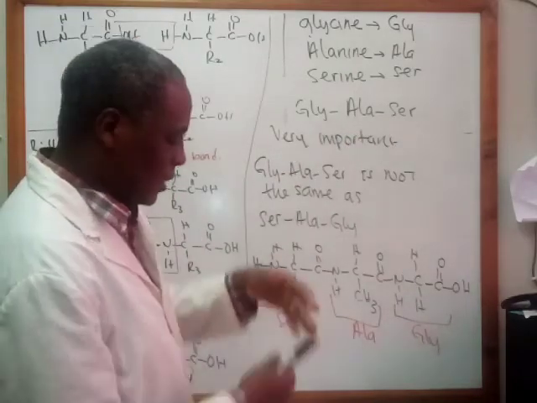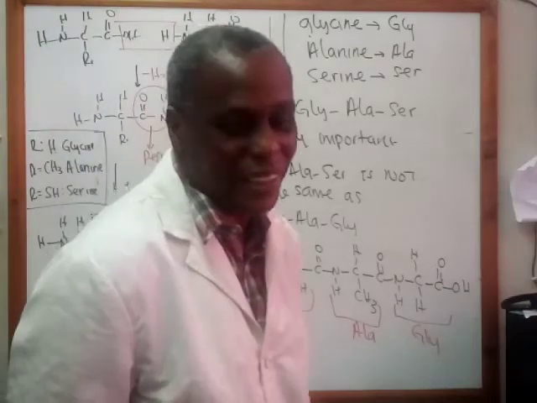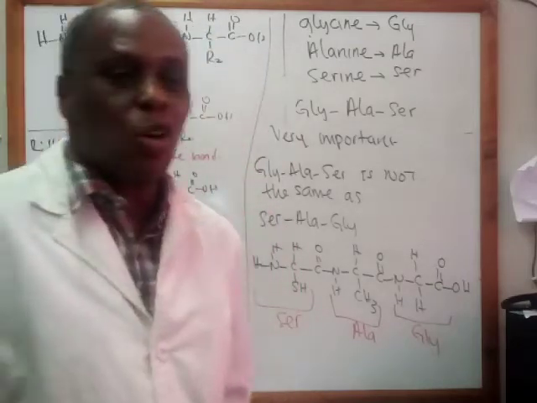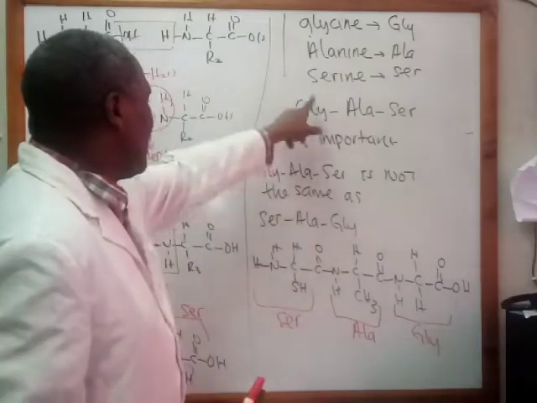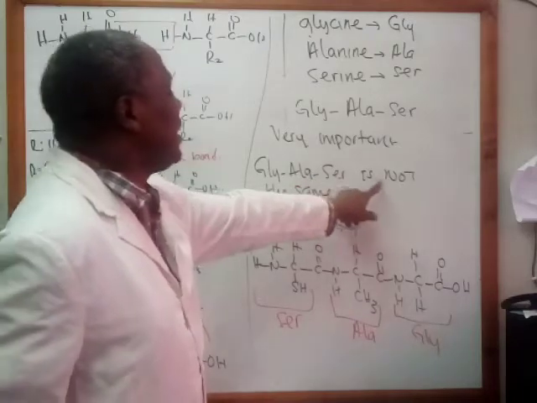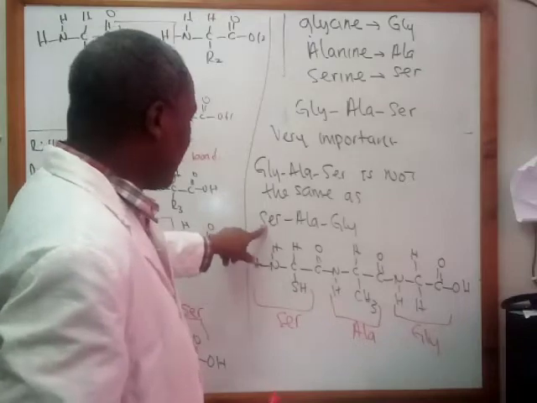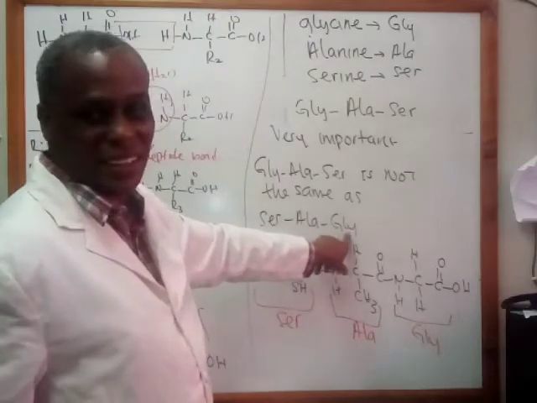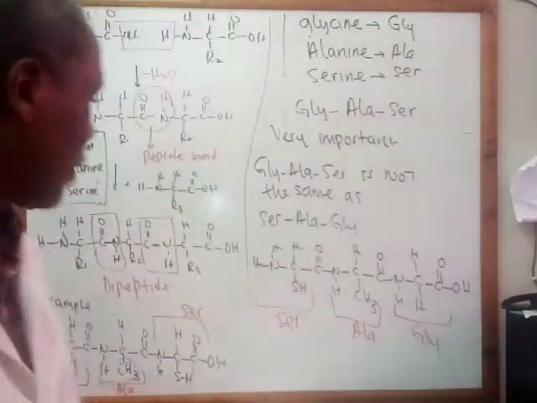And then I put here some words, very, very important. Even if it has the 3 amino acids, the order matters. In this case, what I'm saying is this: glycine joined to alanine joined to serine is not the same as serine joined to alanine joined to glycine. You're talking about a totally different structure, which is what I've put here.